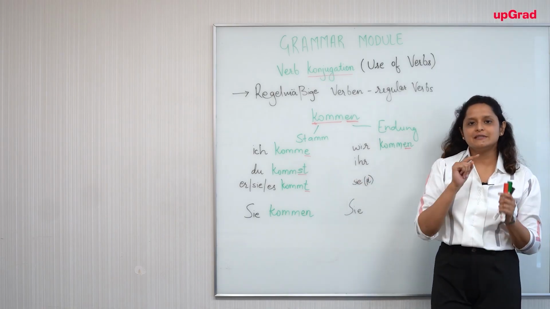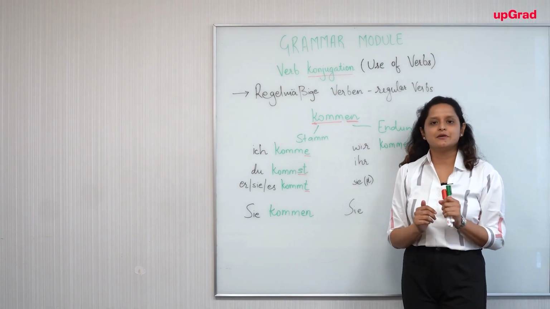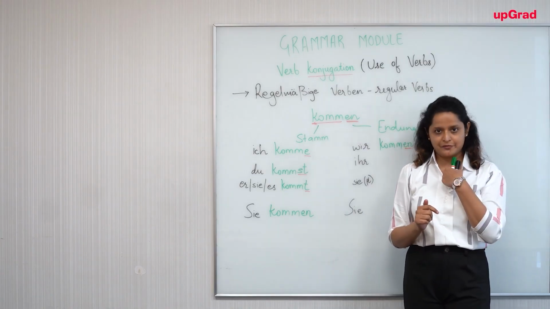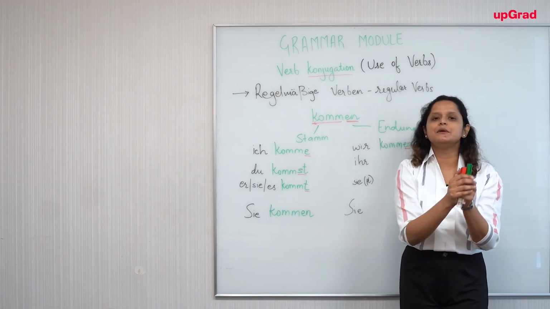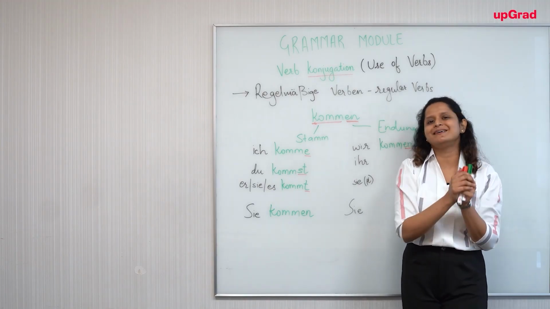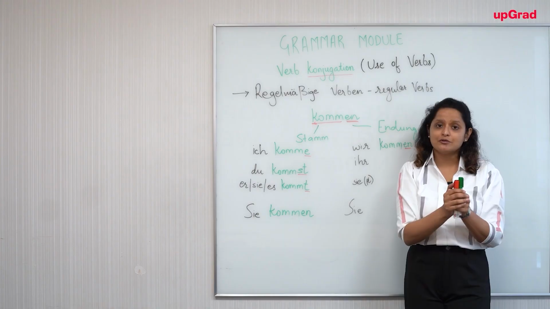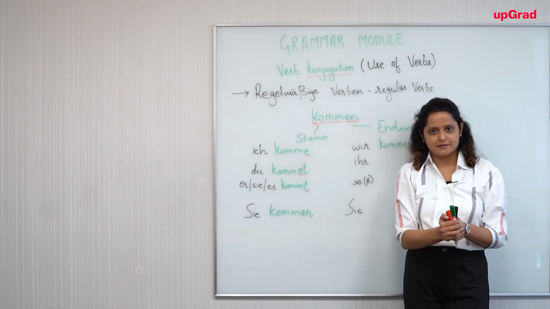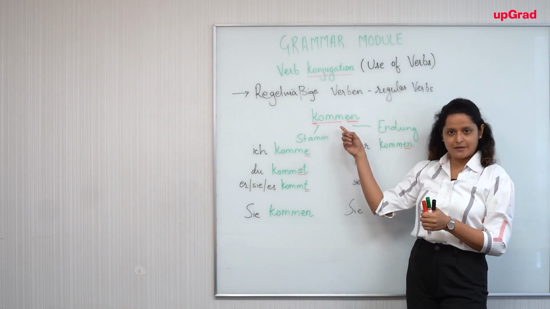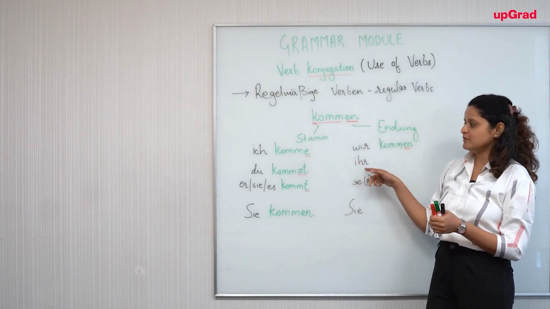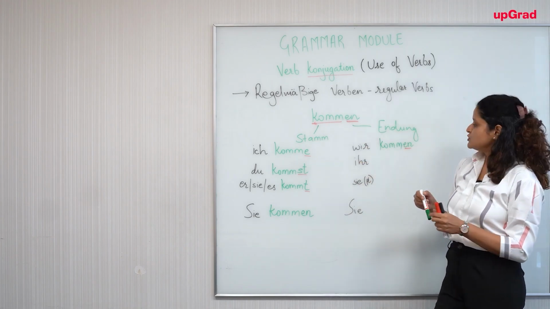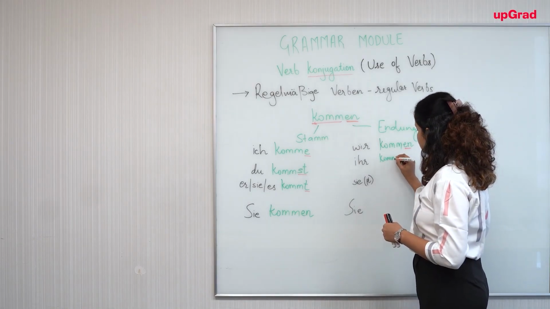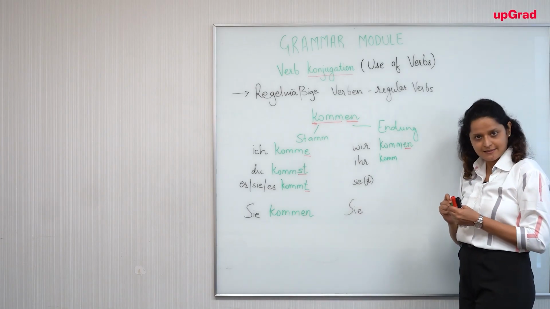Next, we move on to ihr. That is when your second person is more than one. So if I am the first person and I have two people in front of me who happen to be my second person, and I want to say that these two friends of mine come from somewhere, I am using the same verb, but my pronoun now is ihr. With ihr, with komm, the stem remains the same.